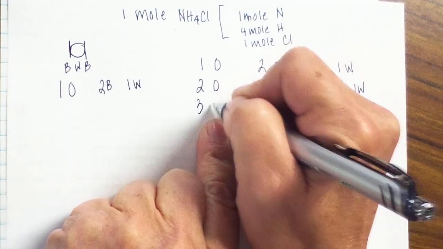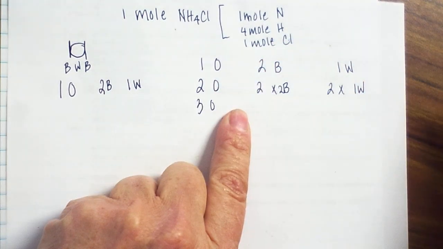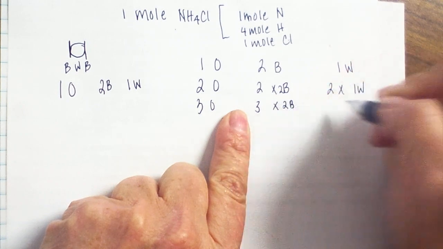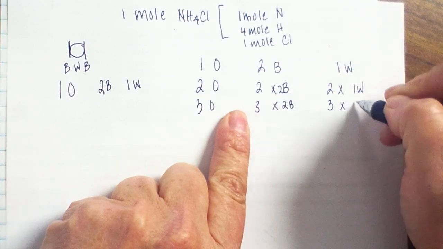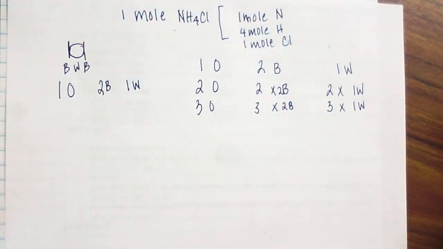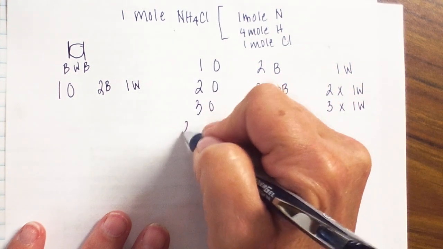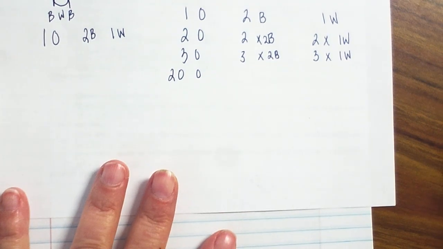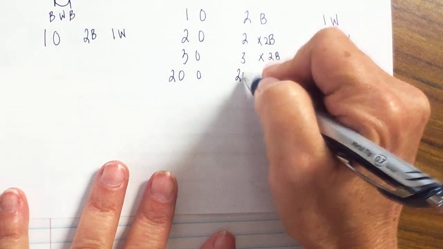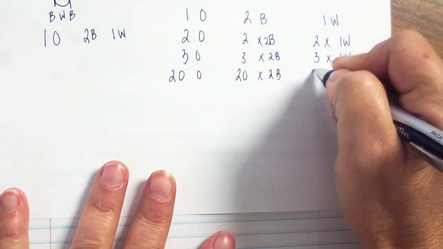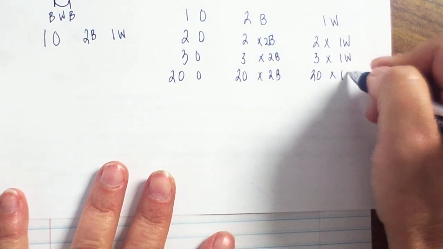If I have 3 Oreos, then I have 3 times the 2 black wafers and 3 times the 1 white creamy filling. See that? Okay. If I have 20 Oreos, I'm going somewhere with this. I have 20 times the 2 black wafers, and 20 times the 1 white creamy filling.